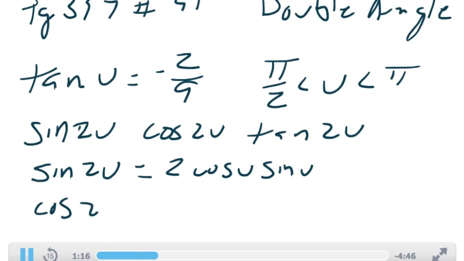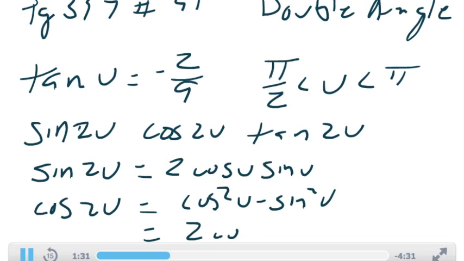Cosine of 2u, you have choices. You can use cosine squared of u minus sine squared of u, or you can use 2 cosine squared u minus 1, or you can use 1 minus 2 sine squared of u.